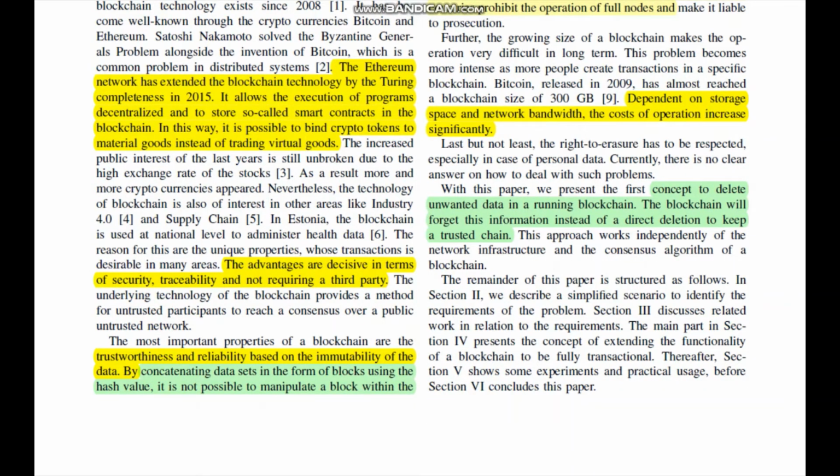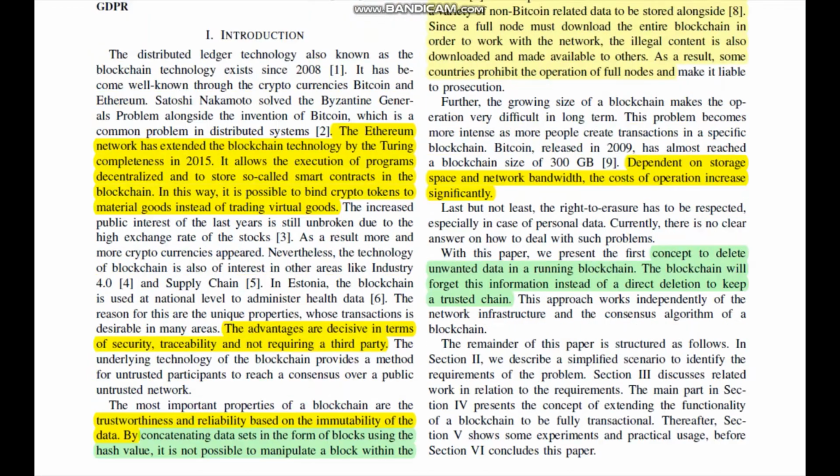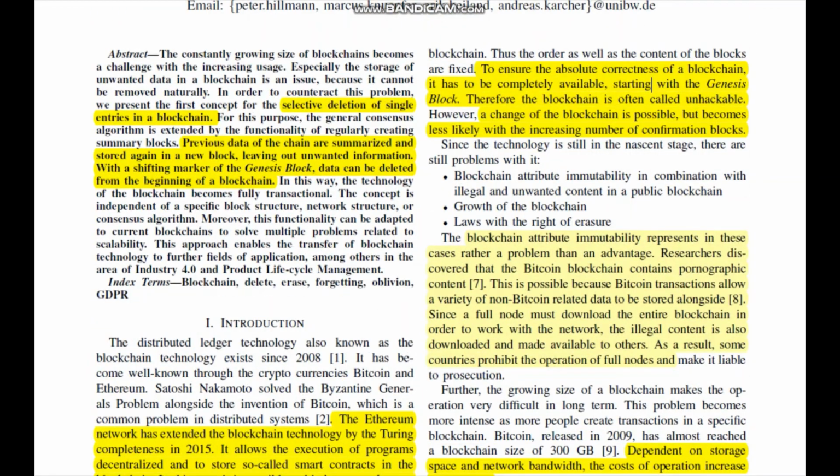So the most important properties of blockchains are the trustworthiness and reliability based on immutability of data. By concatenating data sets in the form of blocks using hash values, it is not possible to manipulate a block within the blockchain. Thus, the order as well as the content of the blocks are fixed.